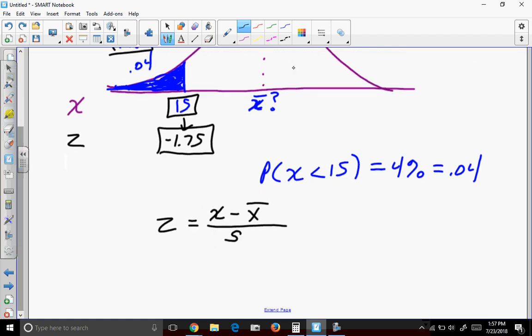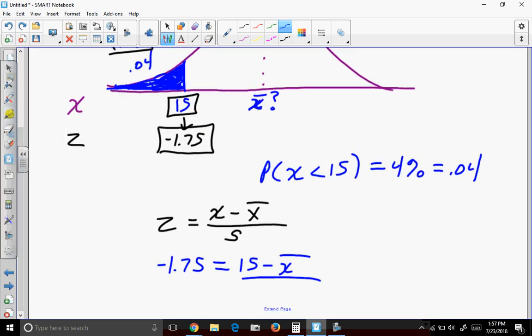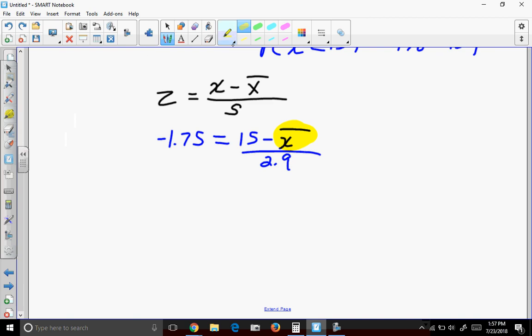Well, notice we just found Z that goes with an X of 15. We don't know the mean, but we know the standard deviation is 2.9. Notice there's one unknown there, and that's what we're looking for. So we need to solve our equation for X bar, the mean.